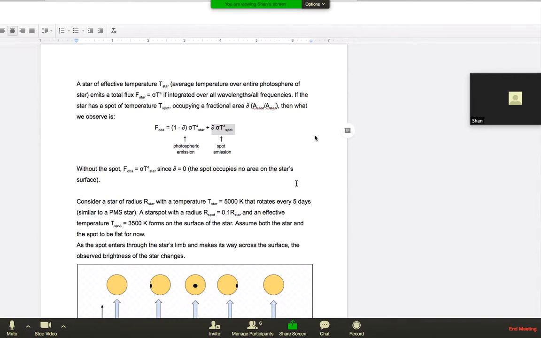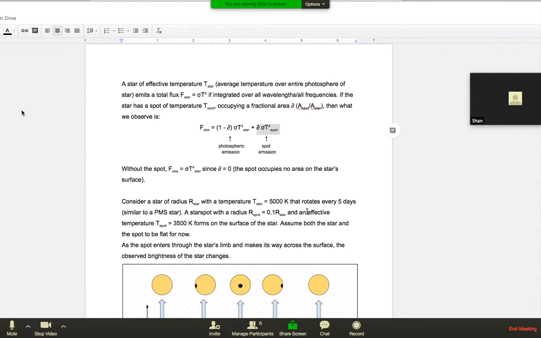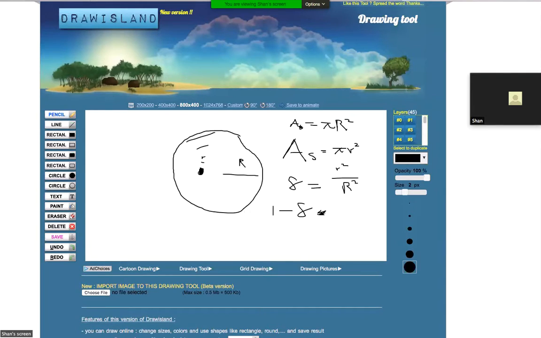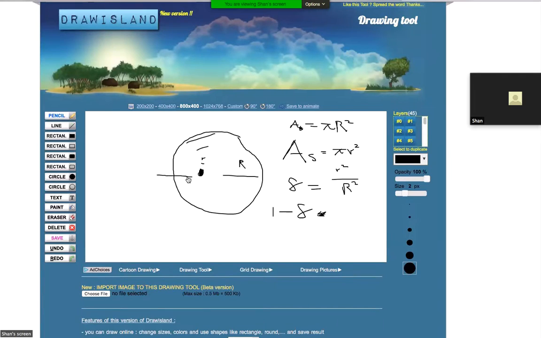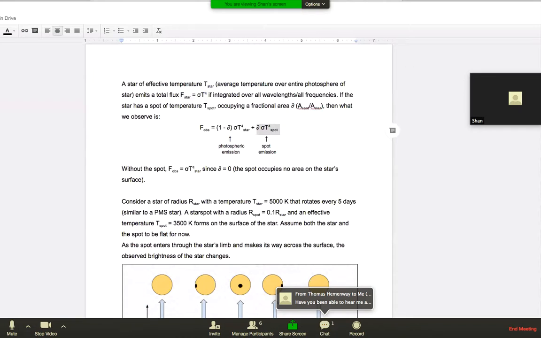For now, we're going to assume that both the star and the spot are flat. You can treat this like a transiting planet, except it's on the surface of the star, moving from left to right on a flat disk.